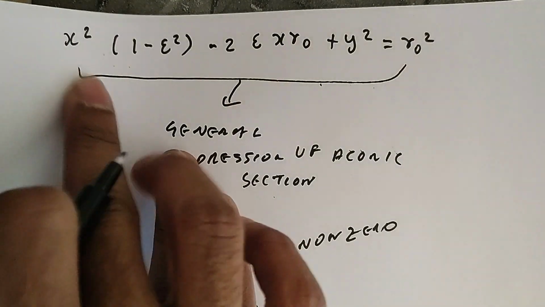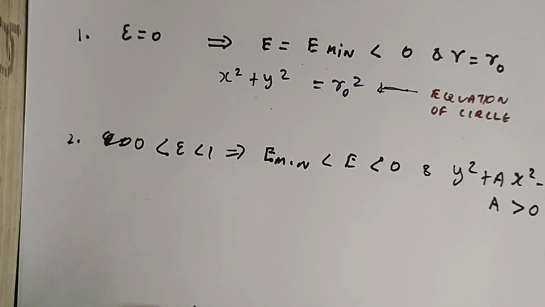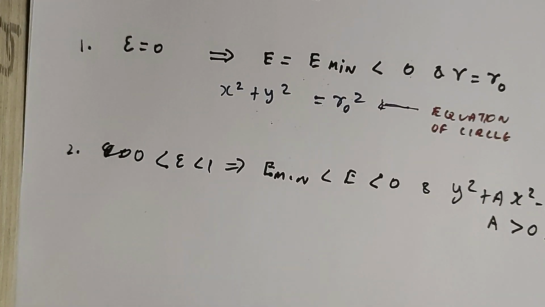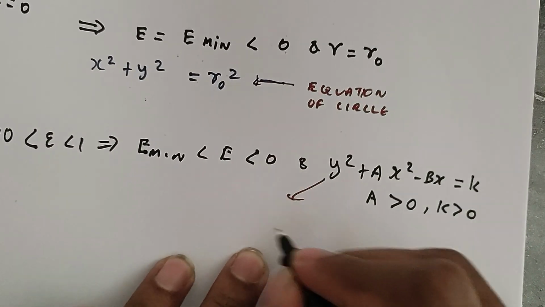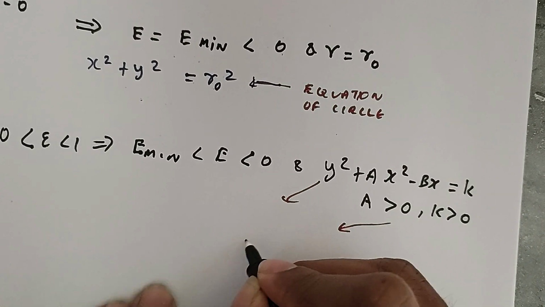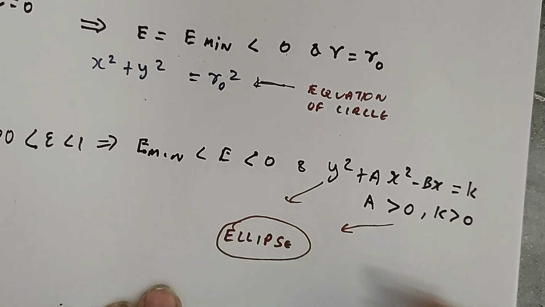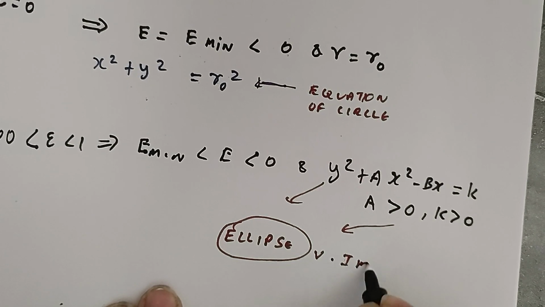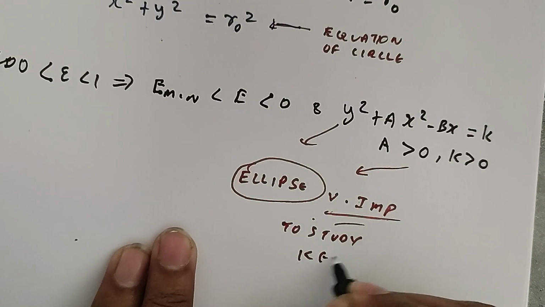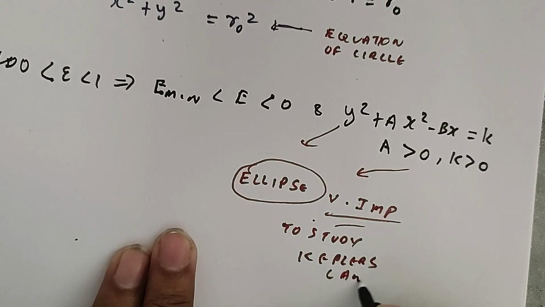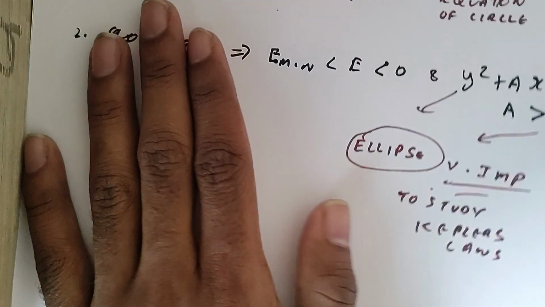This is just a generalization, because there is an inequality and it's kind of hard to see. Now this particular equation with this condition defines an ellipse. This is very important to study Kepler's laws.